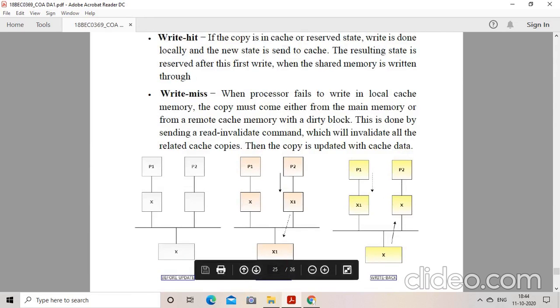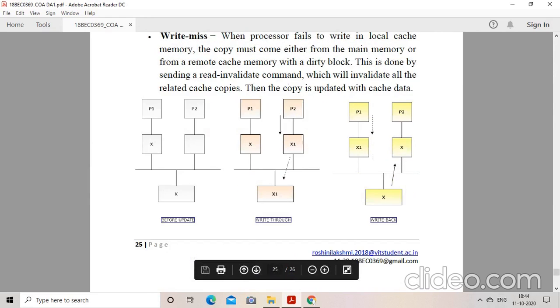Before update, these are the instructions. In order to write through the information from the cache memory, this is followed. The information of P2 is sent to X1 and then to the cache of X1. In order to get back the data from cache memory, the write back method is used. The data from cache memory is sent to the data memory.